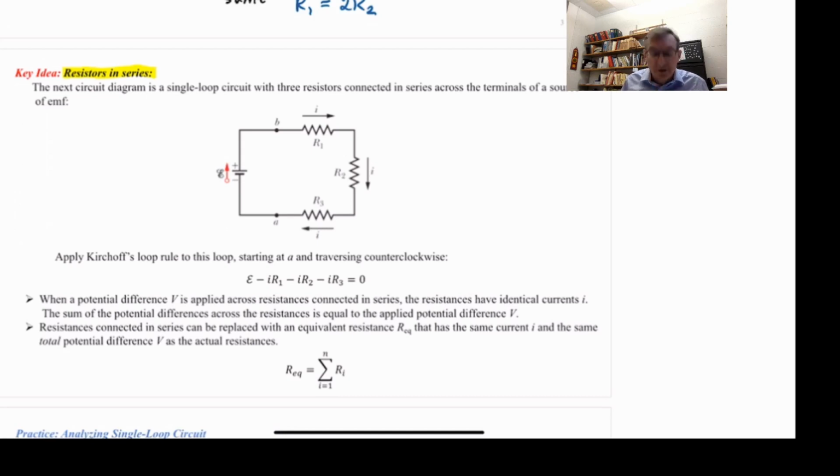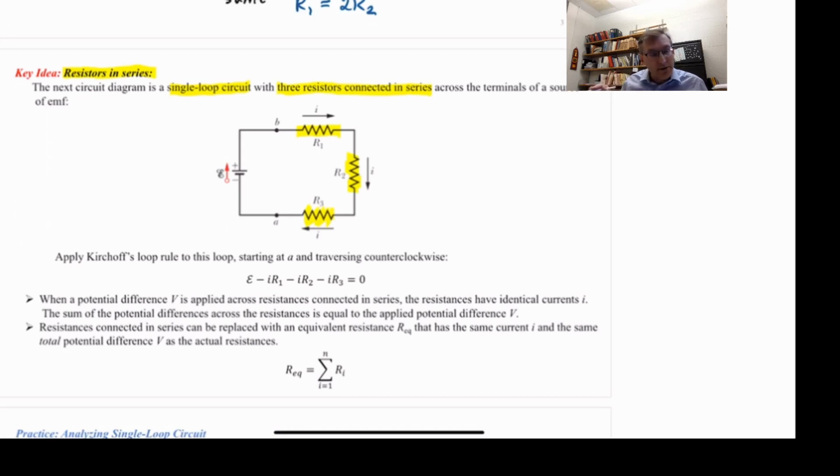So here we have another circuit diagram. Again, it's a single loop circuit. It consists of 3 resistors connected in a way that we would call series. There's resistor 1, and we go out of resistor 1 through conducting wire and directly into resistor 2. And then we go out of resistor 2 using conducting wire and directly into resistor 3. One after the other.